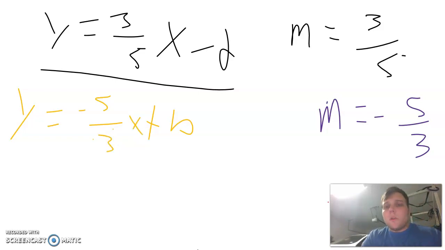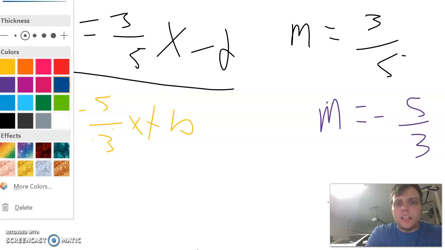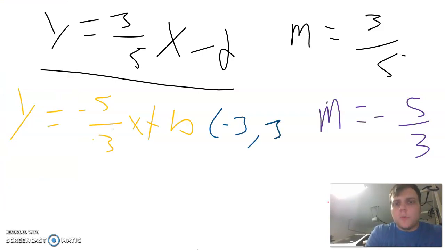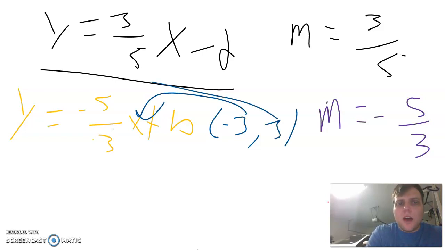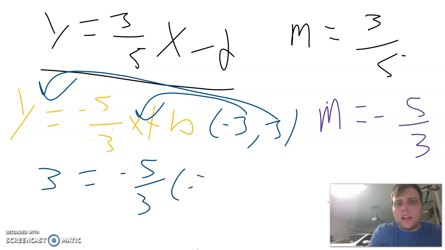Now we're going to repeat the same process that we did in the last problem. We take the point they gave me, which was (-3, 3). We take this x value and plug it in for x, and this y value and plug it in for y. So we say 3 is equal to negative 5/3 times negative 3 plus b.